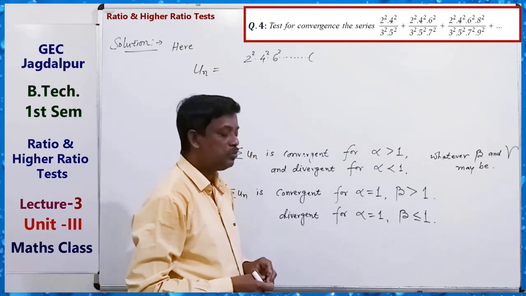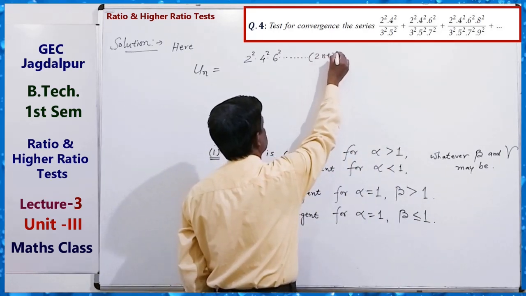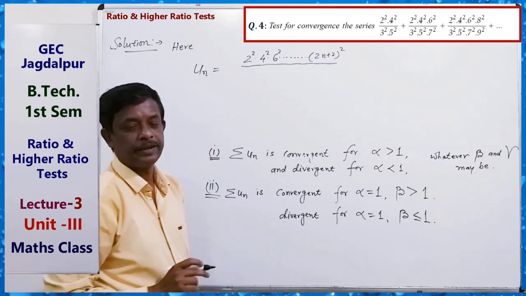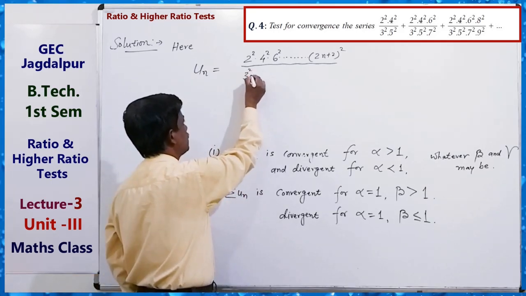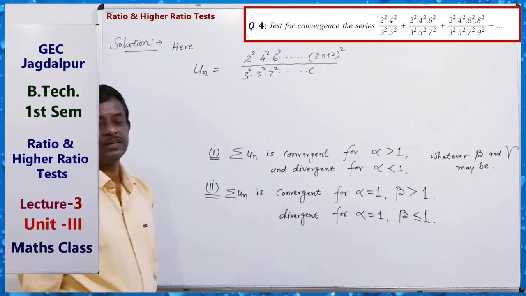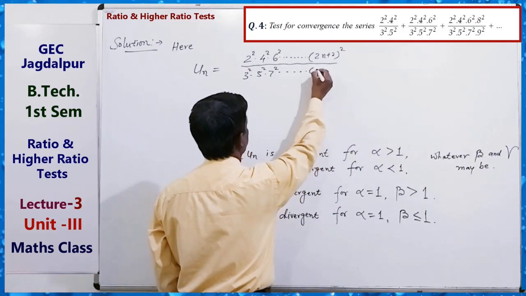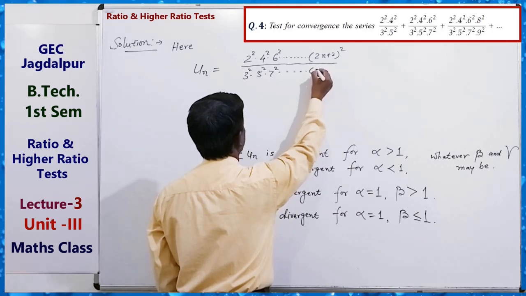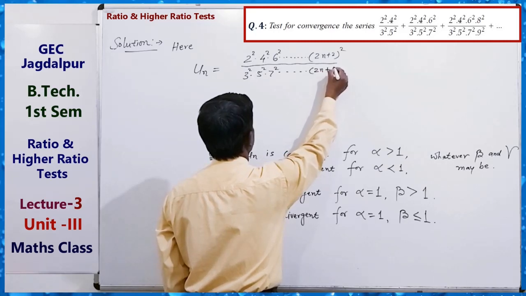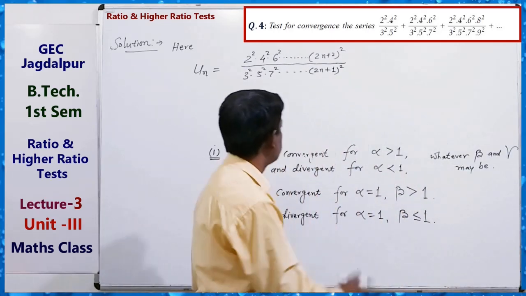So we are writing 2n plus 2 square. Clear? And in the numerator 3 square, 5 square, 7 square. So what can be written here? 2n plus 1 square, I think. Sorry, 2n plus 3 square.